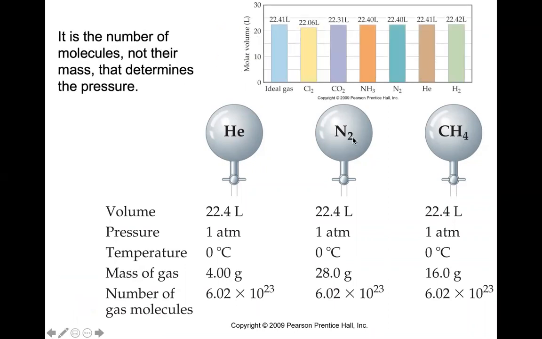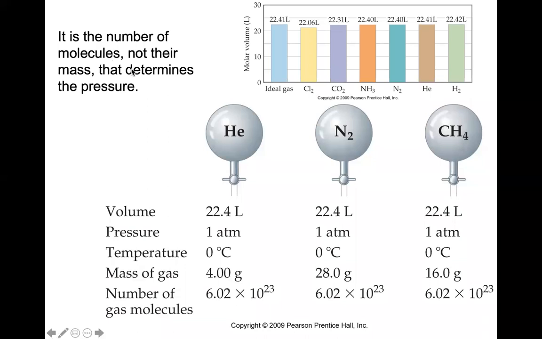Now, one thing conceptually that's important here: it's not the mass of these particles that was important. In all of these cases, it was simply the number of the molecules, not their mass, that determined the pressure. That's something we're going to explore a little bit later tonight.